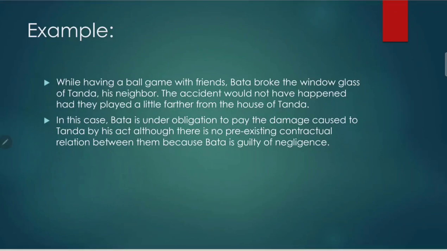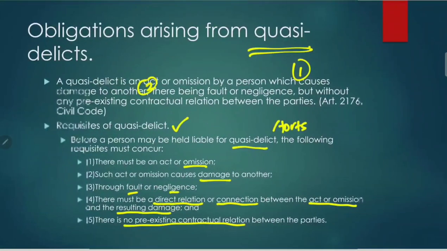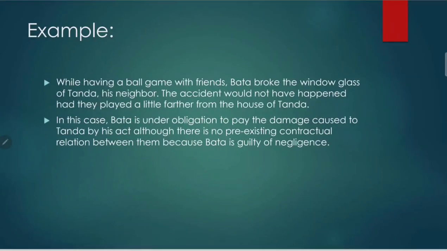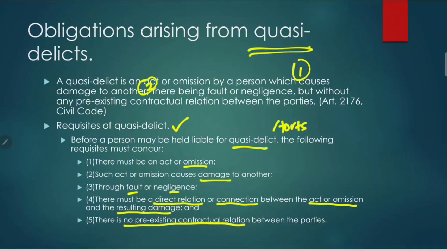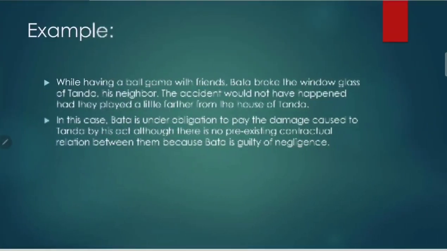So, isa-isahin natin yung elements. First, there must be an act or omission. So, ang act natin dito is Bata having played ball game with friends. Next, such act or omission causes damage to another.